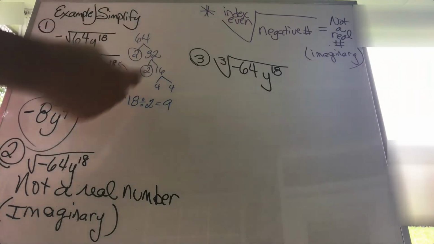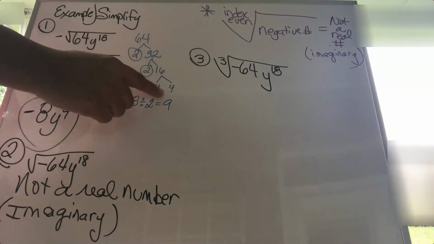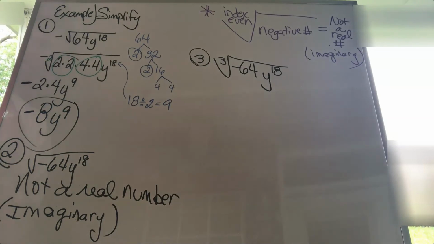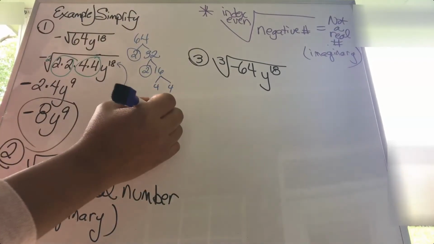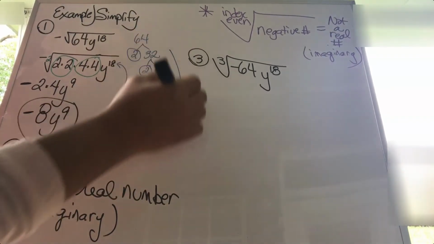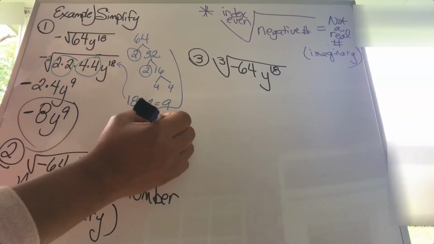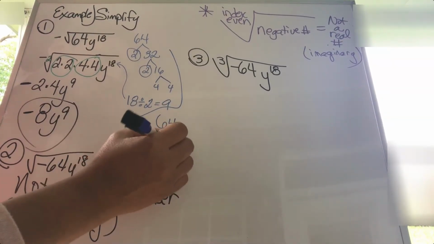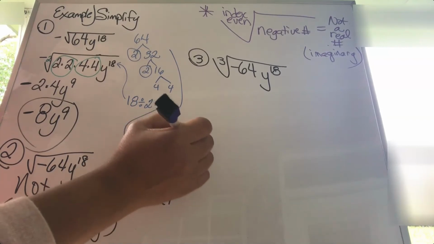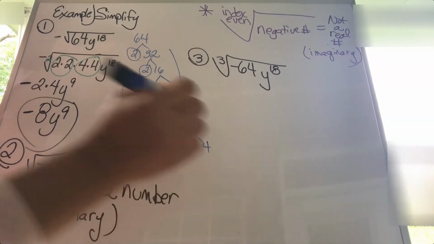And we'd already started breaking up our 64. And so that's not good enough, because we don't have 3 of something yet. So that means we need to look at that 64 again. So we already had 2 times 2 times 4 times 4.